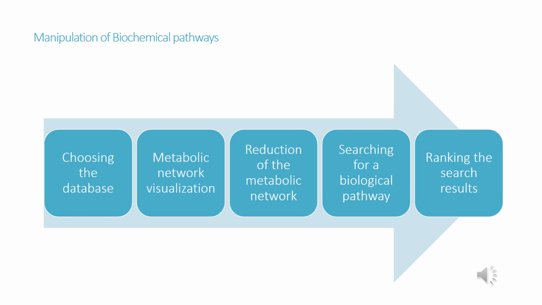The next one is searching for a biological pathway, which involves algorithms based on shortest path search, depth first search, informed search, breadth first search, and Monte Carlo method, and the tools involved for this pathway search are PathwayHunter, Symphony, and GEM-Path. The last one is ranking the search results.